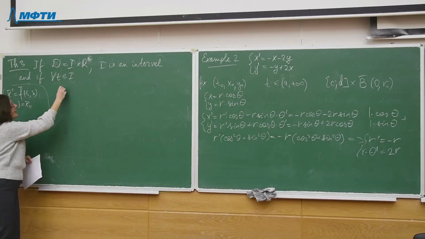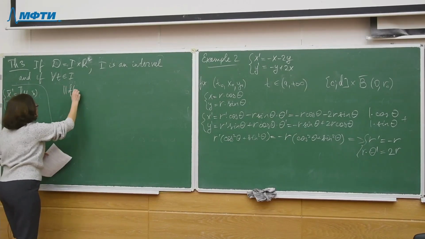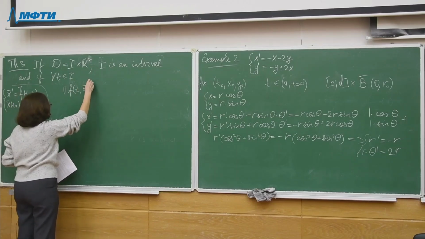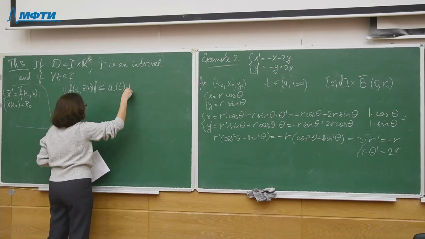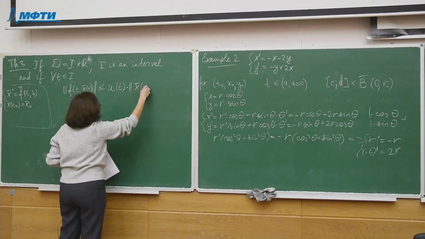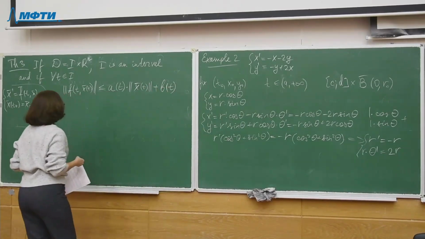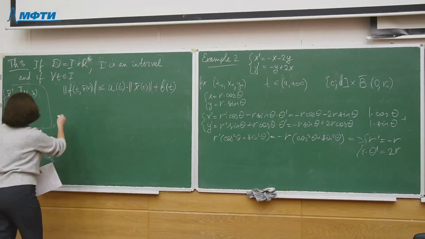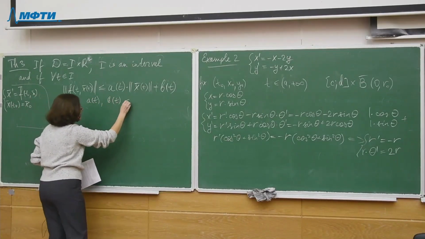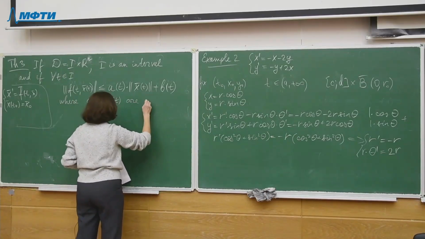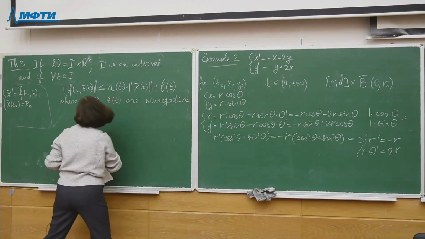And if the norm of this function f of t, x of t is less than or equal to some constant a depending on t times the norm of x of t plus b of t, where a of t and b of t are non-negative continuous functions.